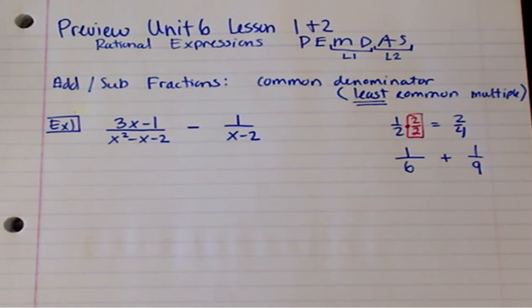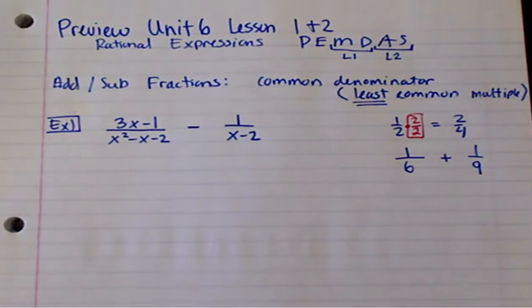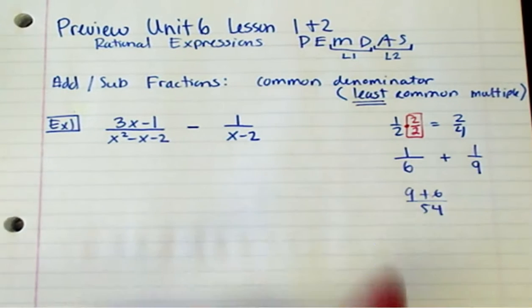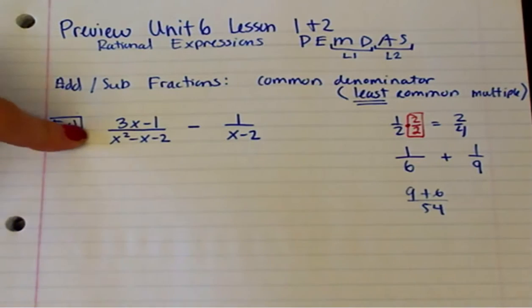I know that when you learn fractions, you're like, oh, put a 9 and put a 6 and multiply. You're like, 9 plus 6 over 54. Yeah, that works, but that is not least. When you have numbers, it doesn't matter so much. When you have variable expressions, it matters what the least is.